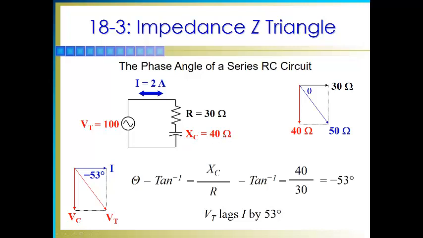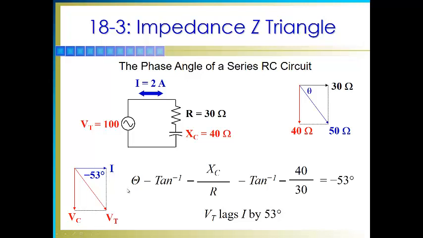So in this case, we're going to find the phase angle between the current and the total voltage. Now, the current in the capacitor and the voltage across the capacitor, we all know, are 90 degrees out of phase.